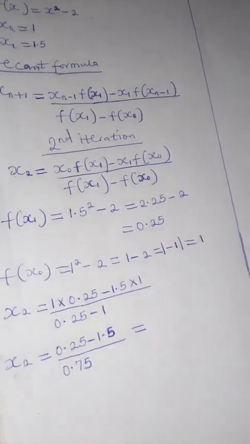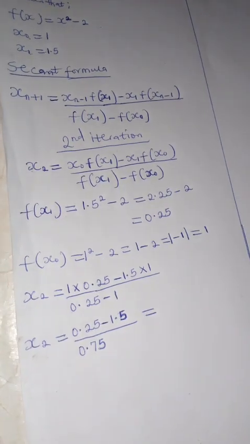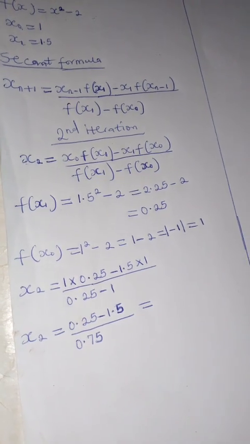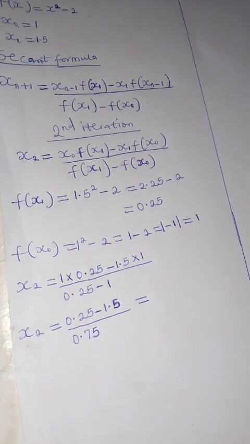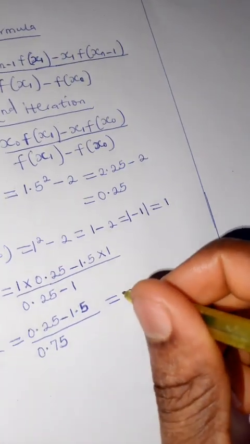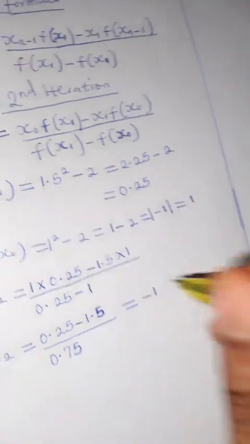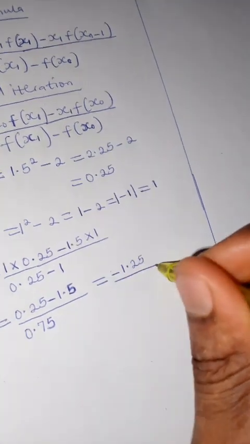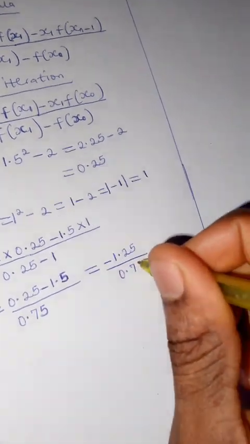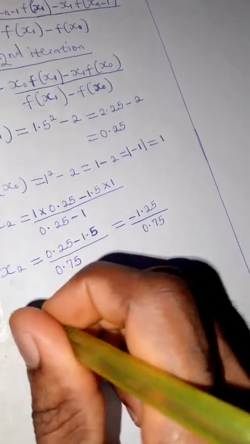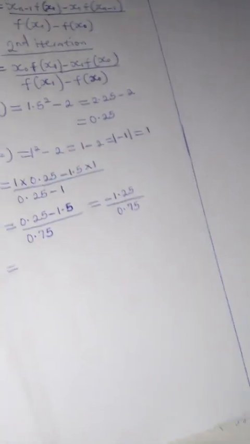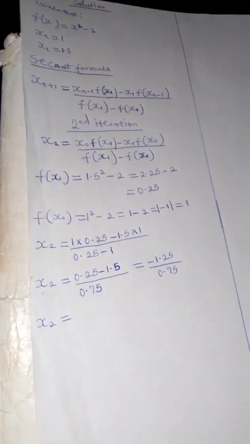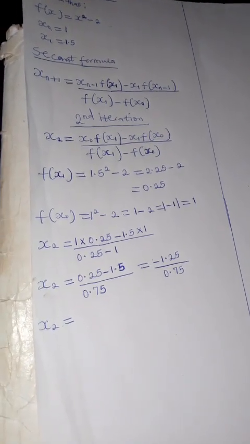So 0.25 minus 1.5 will give us minus 1.25 over 0.75, such that our x2, now we're going to divide 1.25 by 0.75.